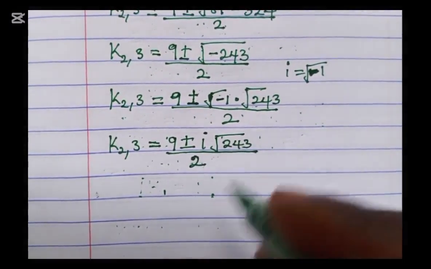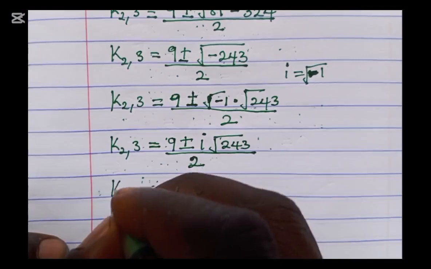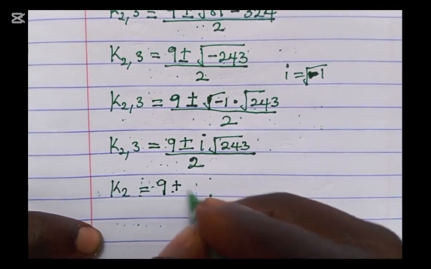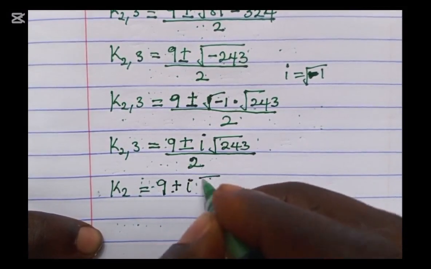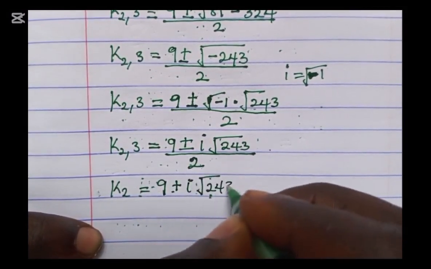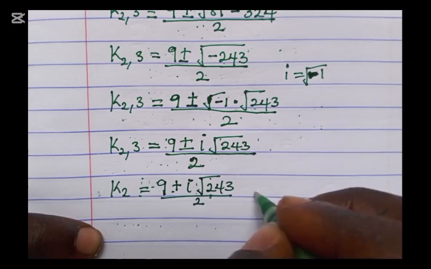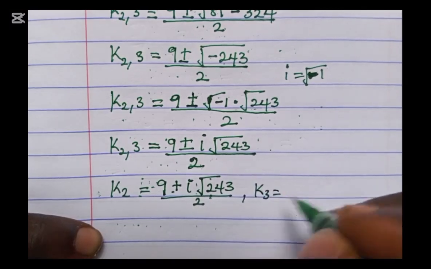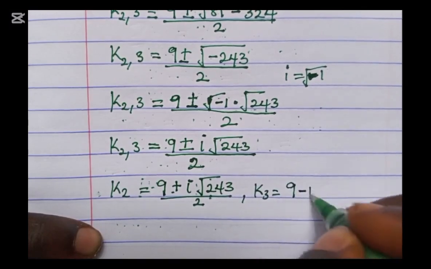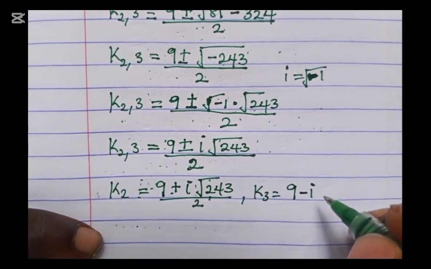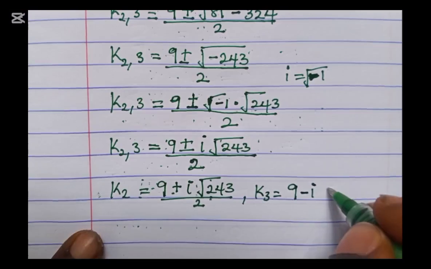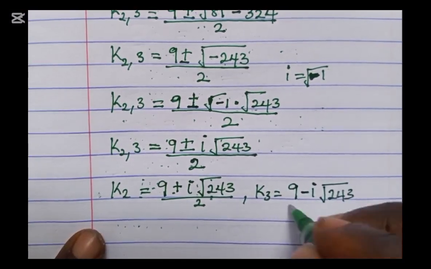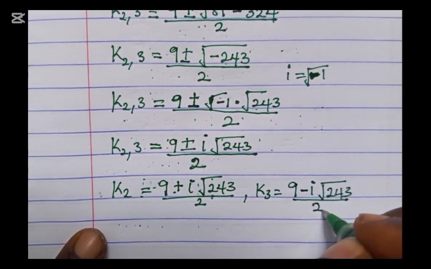So what this means is we are having two complex numbers here. k2 is 9 plus i square root of 243 divided by 2. Then k3 is 9 minus i square root of 243 divided by 2.